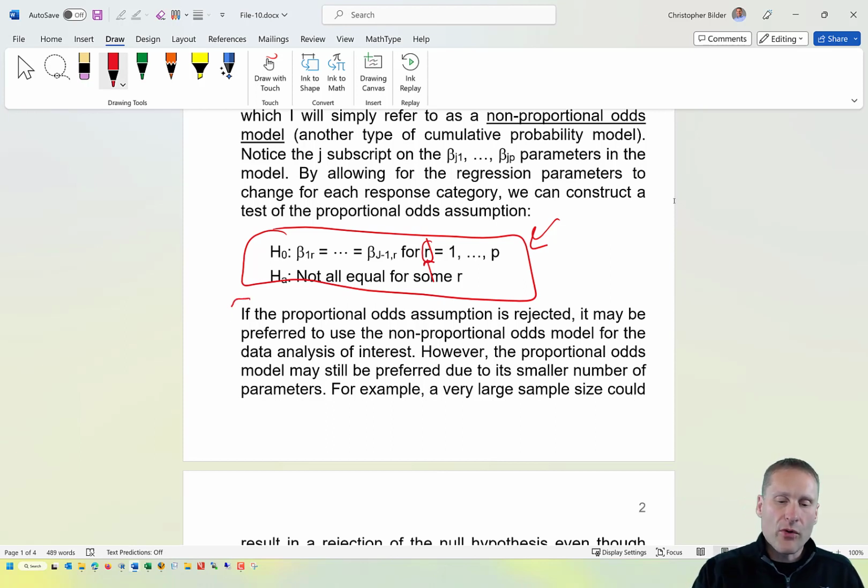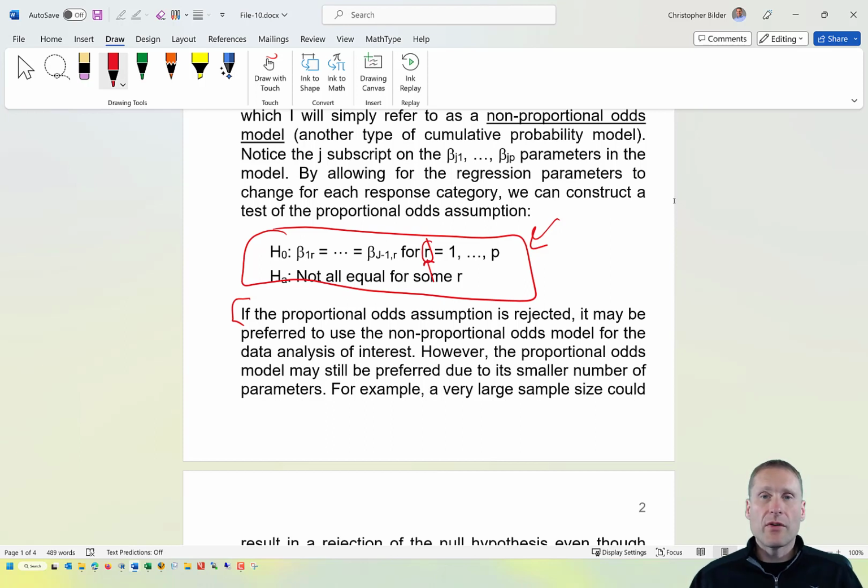Now, if the proportional odds assumption is rejected, it may be preferred to use the non-proportional odds regression model for the data of interest because we reject it. However, we run into the same problems that you've hopefully seen previously in an introductory stat course regarding hypothesis tests when you have equality in the null hypothesis.